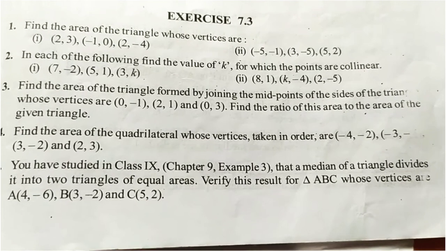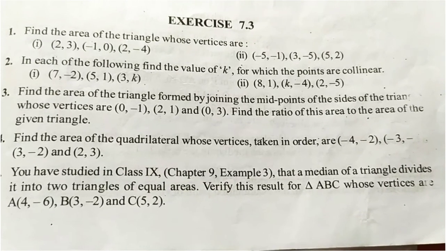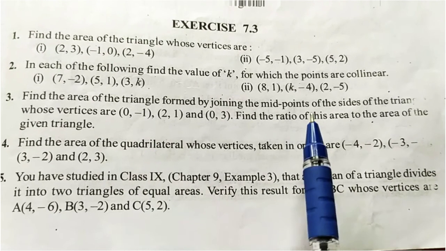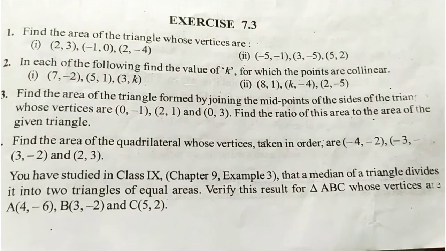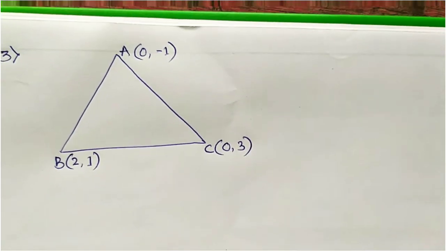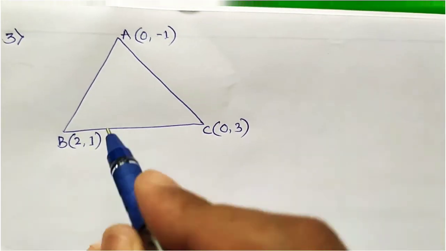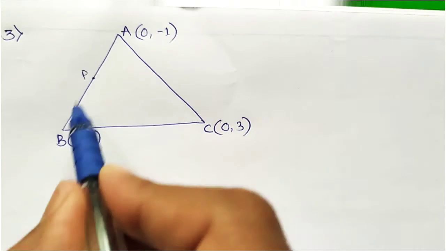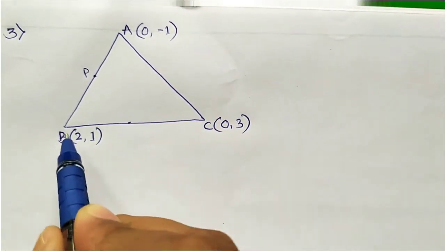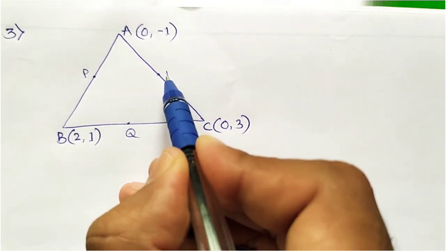So here we have to use the midpoint formula to find the midpoints of those vertices, as well as the area of triangle formula. Let's take the given vertices as A, B, C and their midpoints. I'll take the midpoint of AB as P, the midpoint of BC as Q and the midpoint of AC as R.